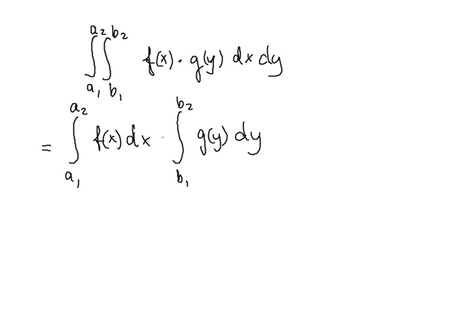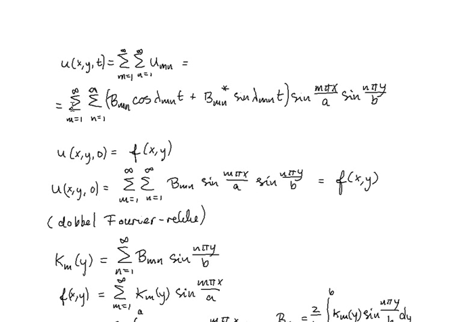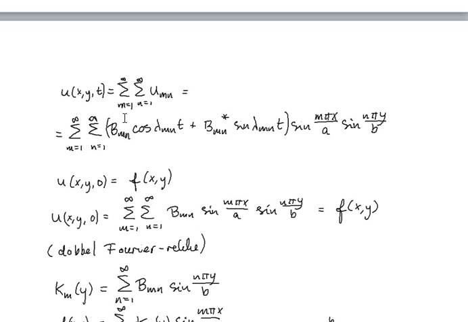Well, let's keep this in mind and continue with an example where we use this formula for the complete solution of the vibrating plate problem in the case when we have a rectangular plate. So what we have to compute here are these coefficients Bmn and Bmn star.